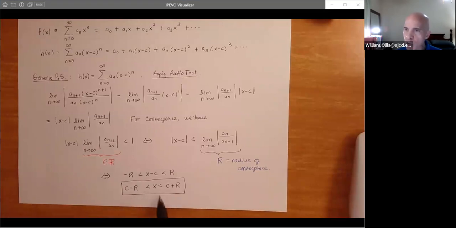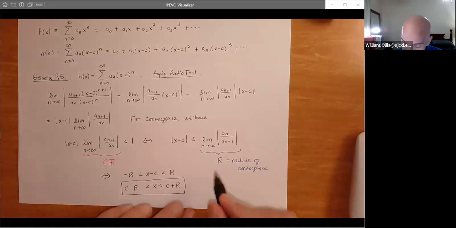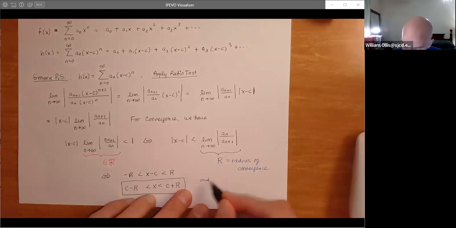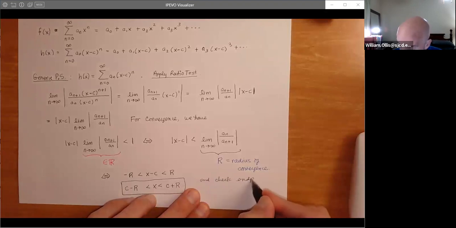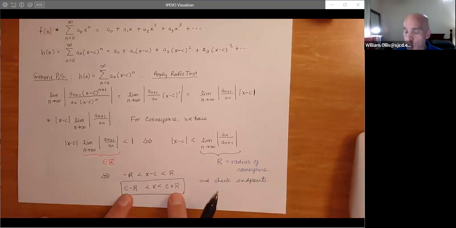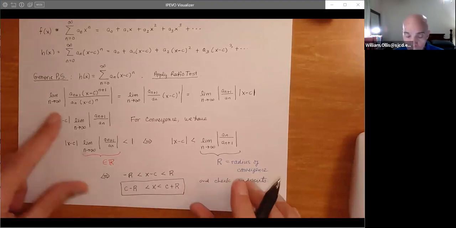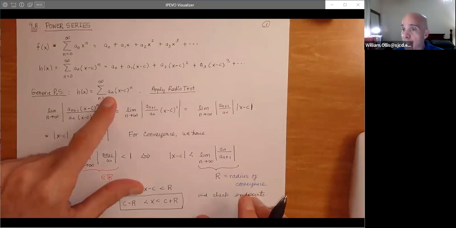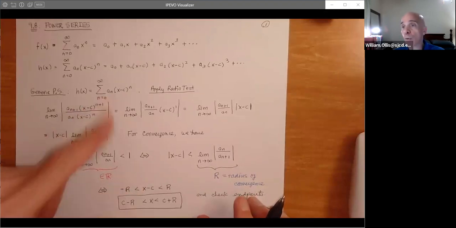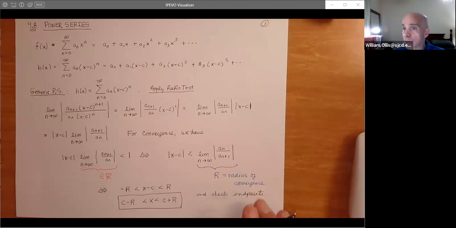So when we use the ratio test to look for an interval of x values for which the actual power series converges, we would then check endpoints. When we check endpoints, that means we take these specific values of x and substitute them into the power series. That gives us a real series, and then we're back to the previous tests.